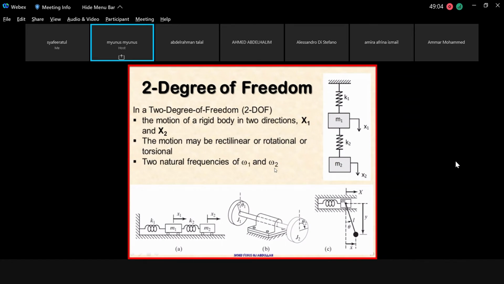What if you have 3 degrees of freedom? You will have x1, x2, and x3. You also have omega 1, omega 2, and omega 3. So the more omega you have, the more x you have, the more complex the system will be. But remember, with a more complex system, you have more information about the system to overcome or minimize the vibration on the system.